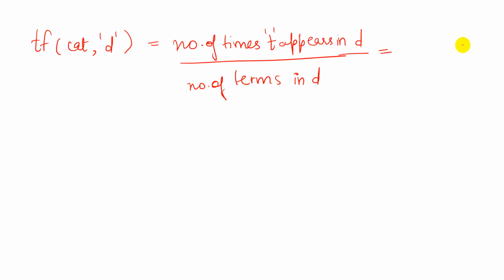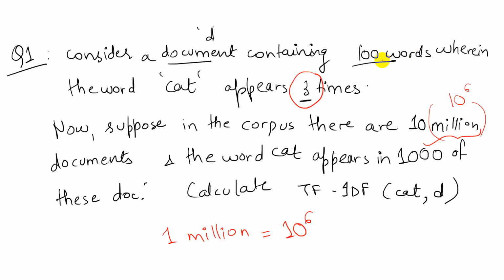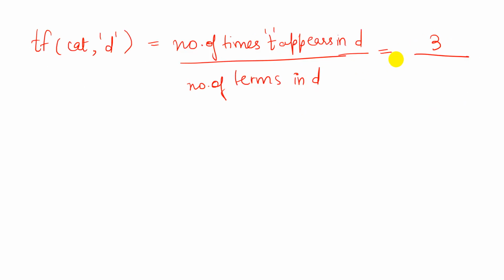So we will say 3 upon how many terms are there in this document? It contains 100 words. So the term frequency comes out to be 0.03.